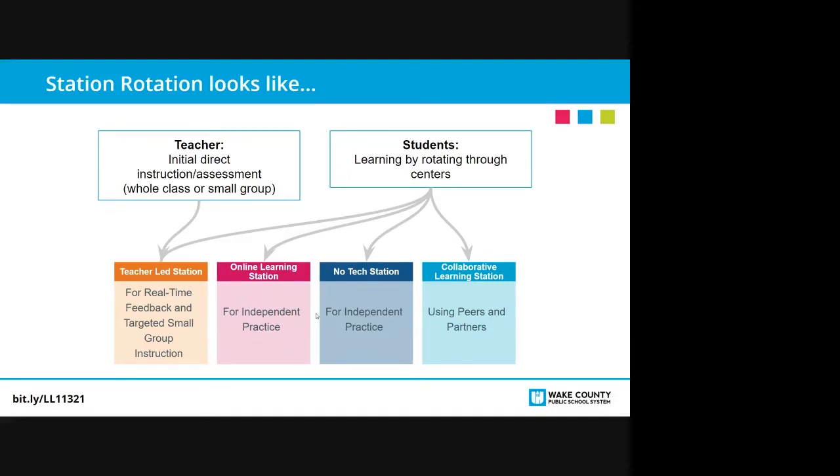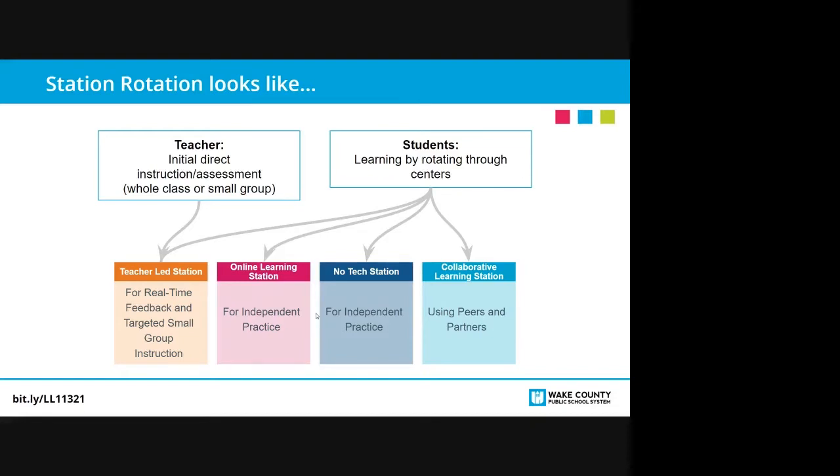And then for your kids, typically you're going to see a 3 rotation model. However, you'll also see examples where teachers have set it up with 5 or 6 rotations. It just depends on how many kids you have and what kind of content you have to cover.